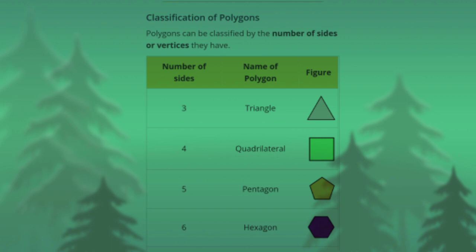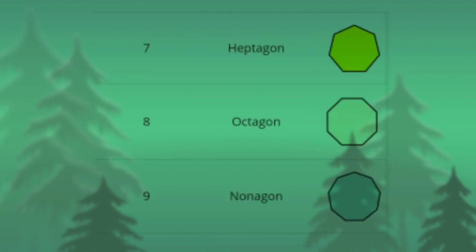Number of sides 5, we will call it a pentagon. If the number of sides is 6, we will call it a hexagon. If 7, we will call it a heptagon. Next, if the number of sides is 8, we will call it an octagon. This is the classification of polygons.